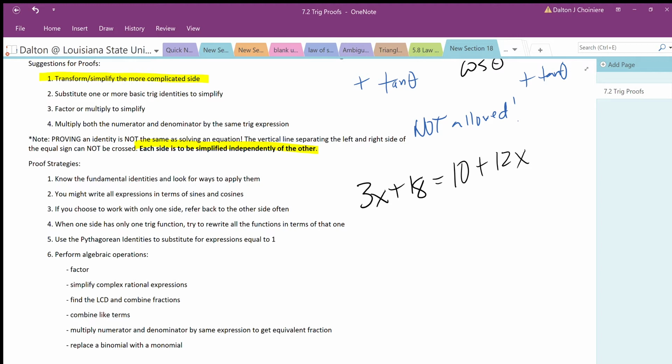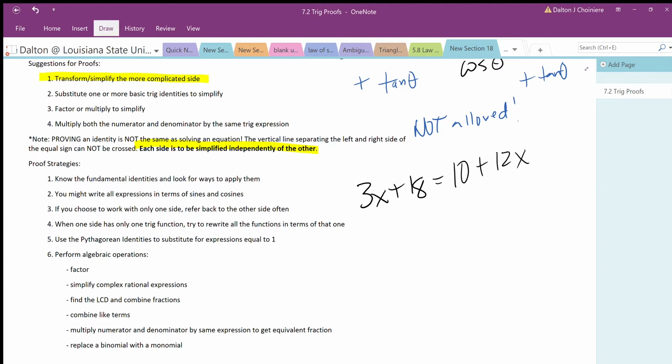Okay, what about subtracting 18? Would anybody do that? I mean, probably not. Could you do that if you wanted? Yeah, sure. And same thing, I could subtract 12x, but you and I are good enough at algebra now to see one step ahead that subtracting 12x from both sides is going to get me a negative x. Not that that's wrong, it's just not as pleasant.